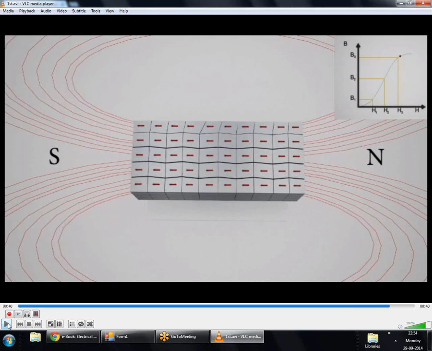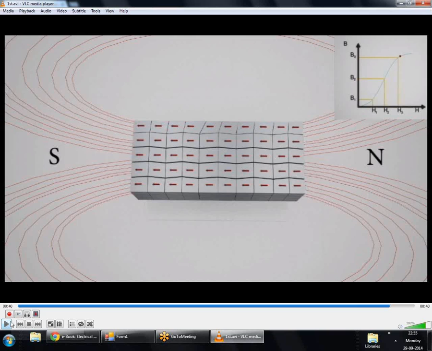But then there comes a point where all the grains are almost oriented in the direction of the applied magnetic field, and increasing H, the applied magnetic field, does not result in a drastic increase in the alignment of the grains, because most of them, almost 99% of the grains, are aligned in the direction of the applied field.